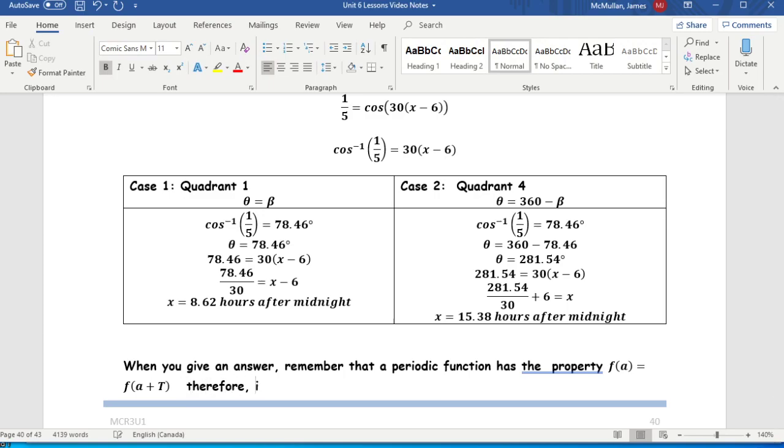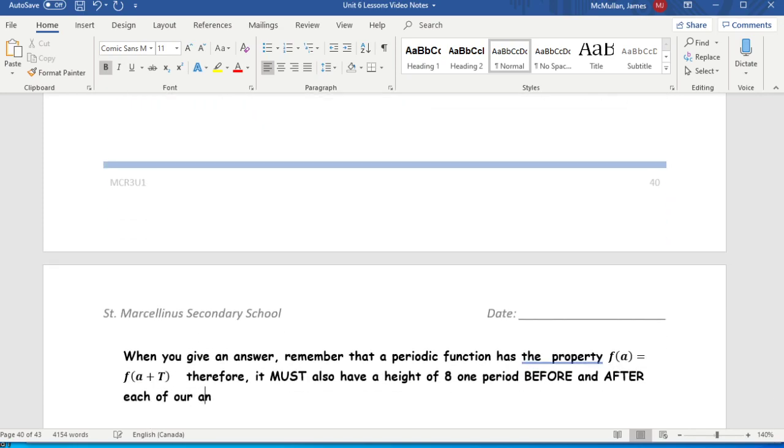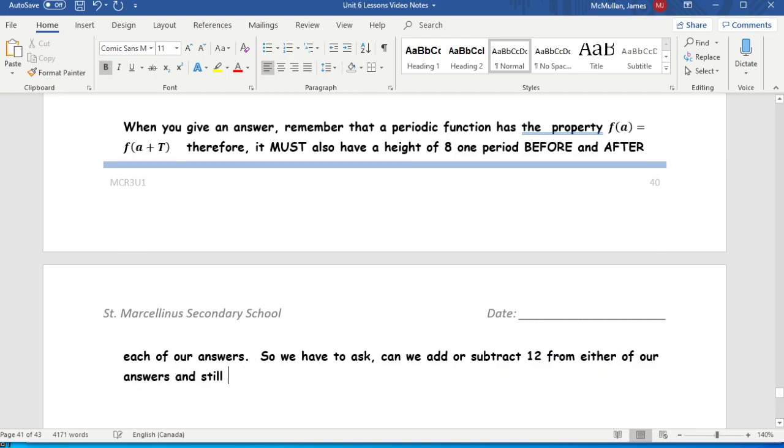Therefore, it must also have a height of 8, one period before and after each of our answers. So we have to ask, can we add or subtract 12 from either of our answers and still stay within the first 24 hours as the question indicates?